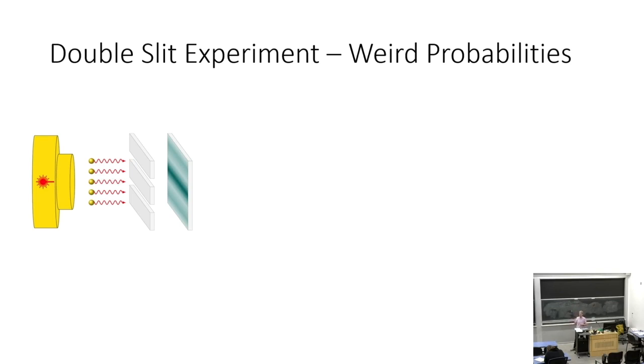And then you can think, okay, what if I measure which slit the photon went through? It turns out that doing that changes the measurement into something that makes more sense. It looks more particle-like. And it doesn't have to be a conscious observer doing that measurement. If the information about which slit the photon went through leaks out in any way, the results go back to obeying the classical probabilities again.